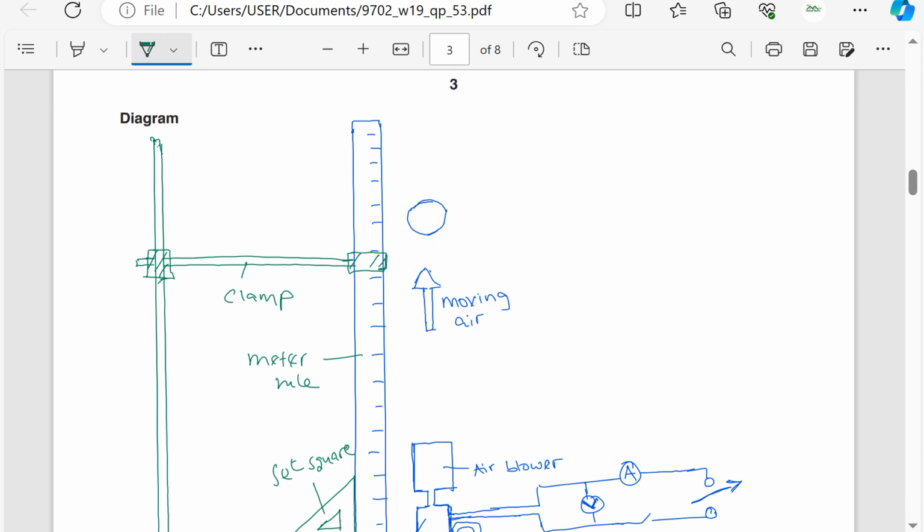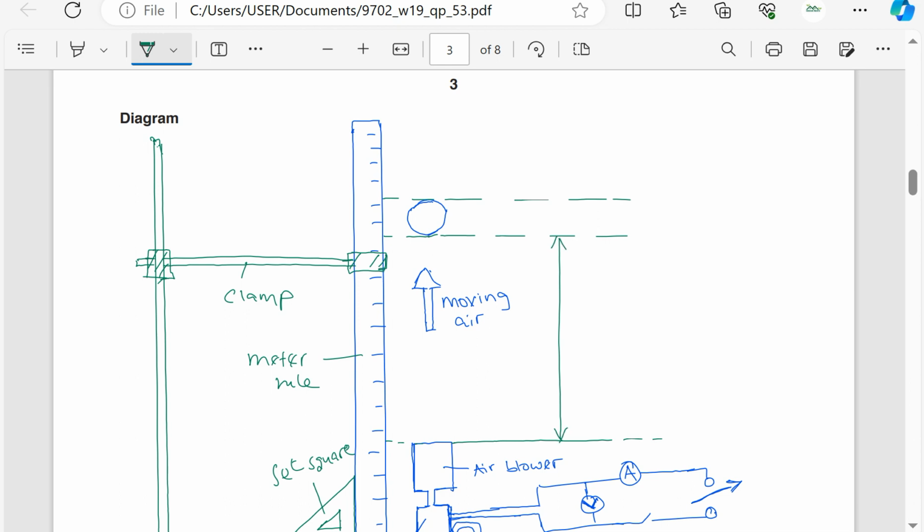Okay, so I may show that I'm measuring from the bottom, which is of course not really very easy, but I'll be measuring from the bottom and even to the top, then to the top of the air blower, which is also not very direct because I've left a space between the air blower and the ruler, which introduces parallax error, but that is fine.